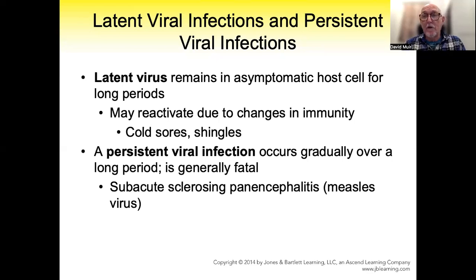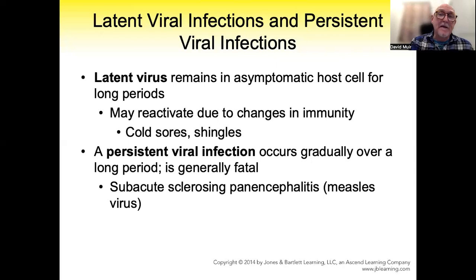We have already heard about herpes virus, and the way herpes virus can actually become latent. It goes largely into the nerve cells and remains completely hidden, completely silent, until some environmental trigger causes another outbreak. And that is typical latency.